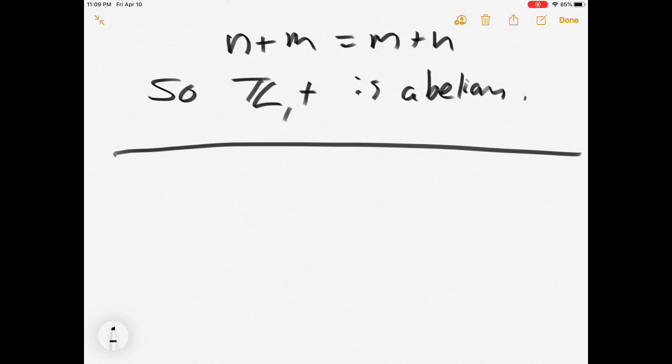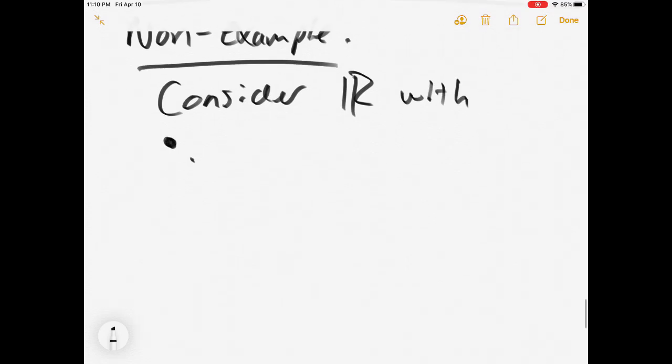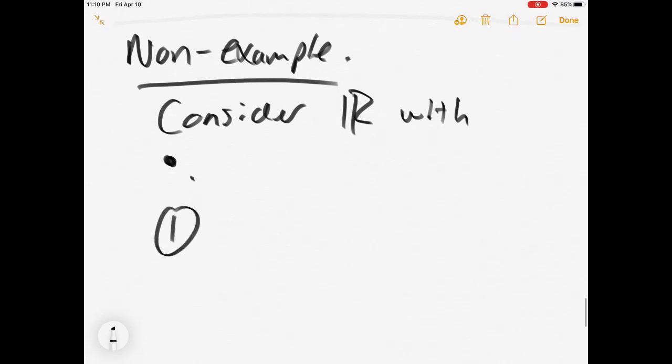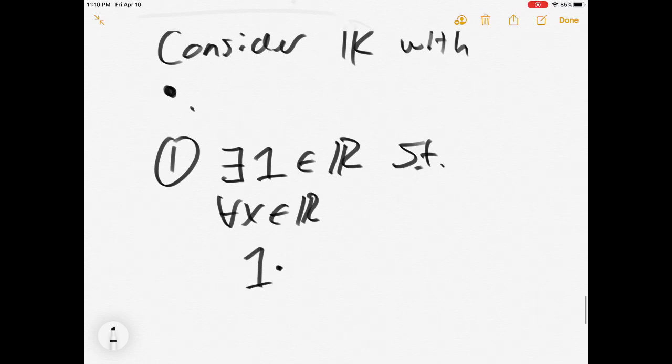Here's a non-example. Consider the real numbers with multiplication. Well, property 1: there exists an element, namely 1 in R, such that for all x in R, 1 times x is equal to x.